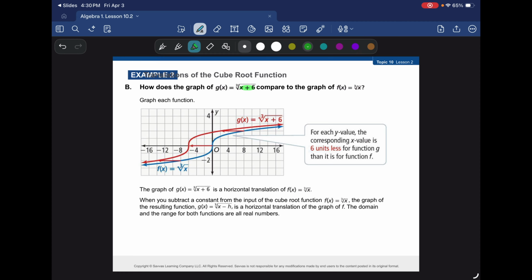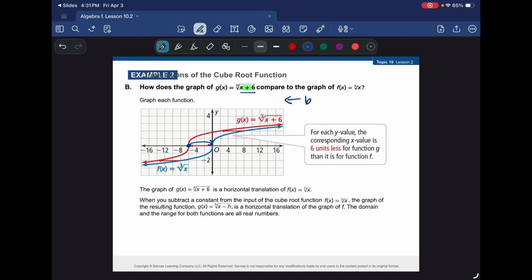And remember, the plus 6 means that in order to make g of x match up to the parent function f of x, I have to add 6 units to make it match up to the parent function. So in order to add 6, I have to start 6 units to the left. So this is a horizontal translation where we have moved the whole graph 6 units to the left.